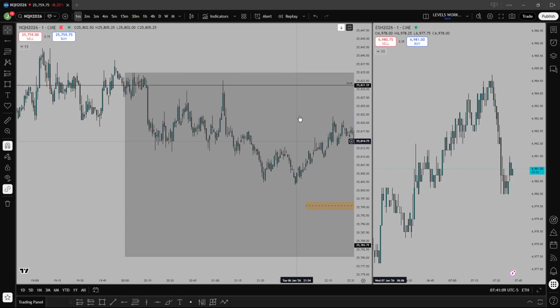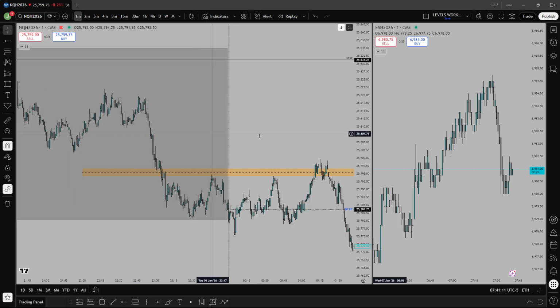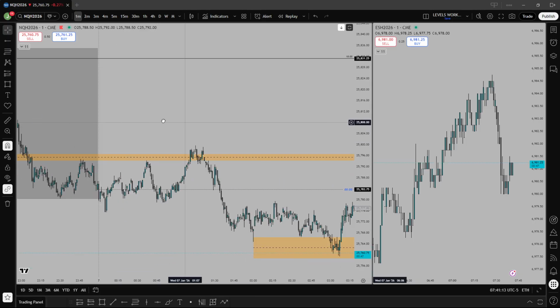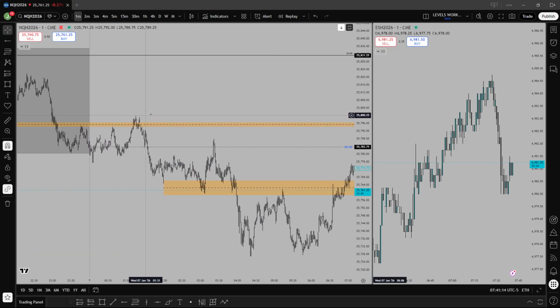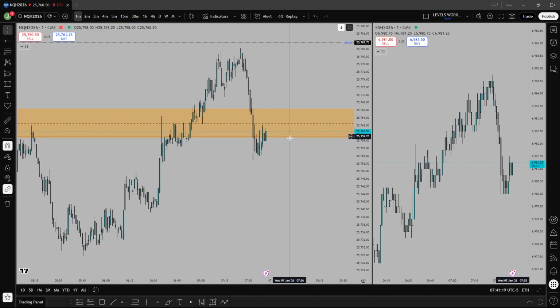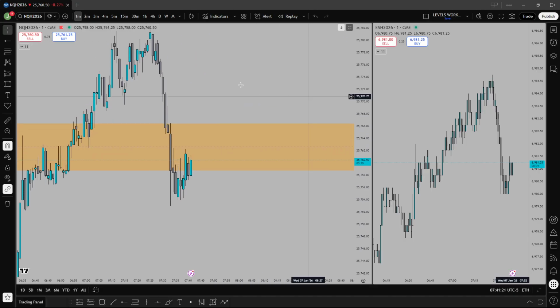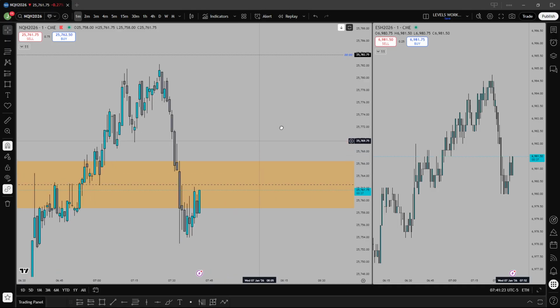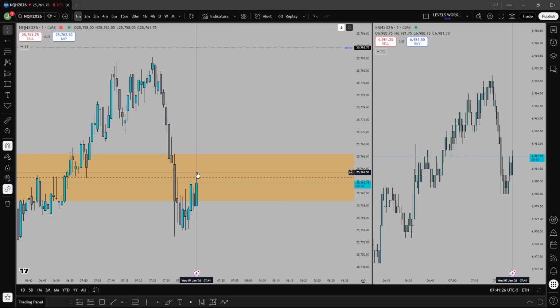Is there any gap at the new day's opening gap? Hmm. We tapped it.